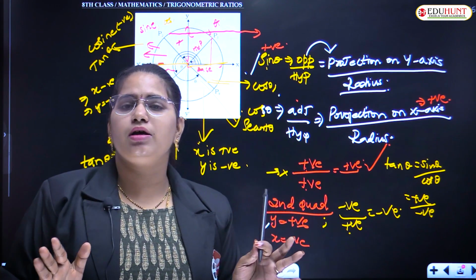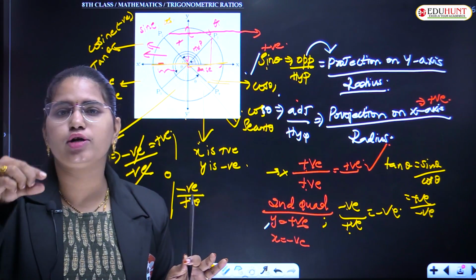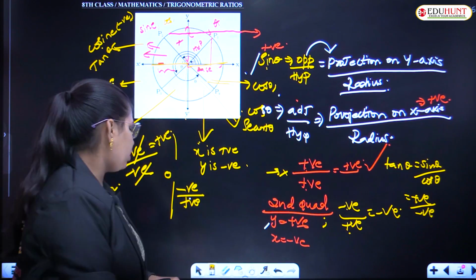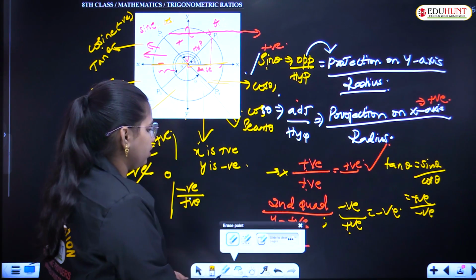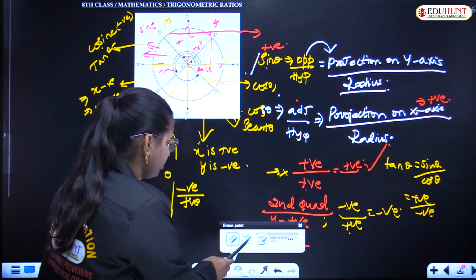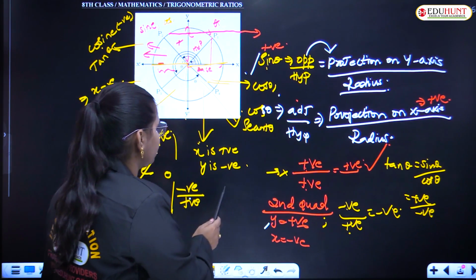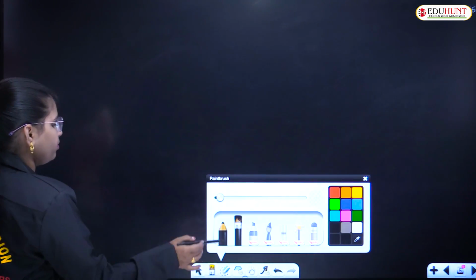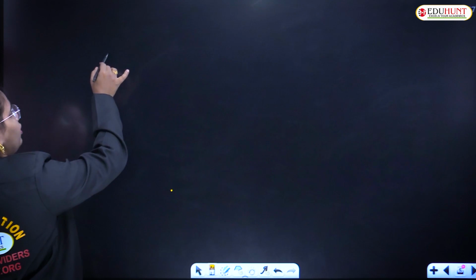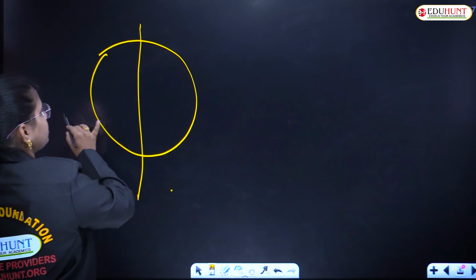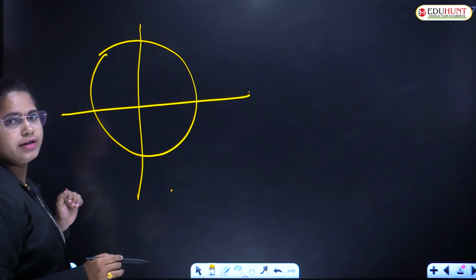So let me tell you in a short note about the signs of trigonometric ratios. Fine. I will tell you in the shortcut form. See, if I take a circle, in the circle we will form 4 quadrants.